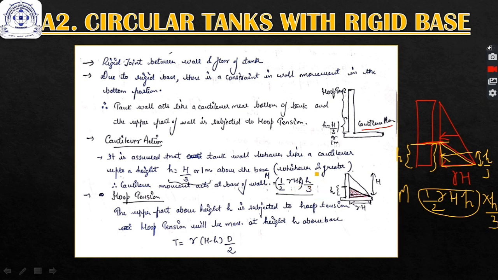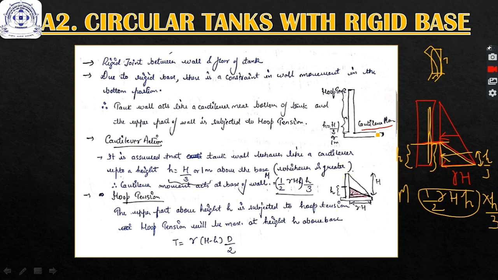Due to this moment we will be calculating the reinforcement, which will be the vertical reinforcement provided on the inside face, inner face of your tank wall, because as you know it is a cantilever fixed at this point, so it will bend like this, the tension will be on the inner face, so the reinforcement will also be on the inner face.